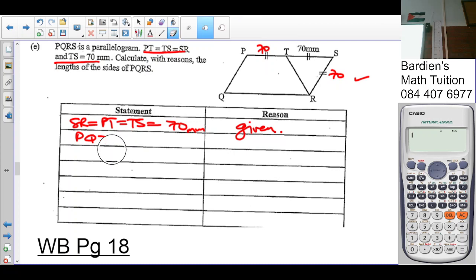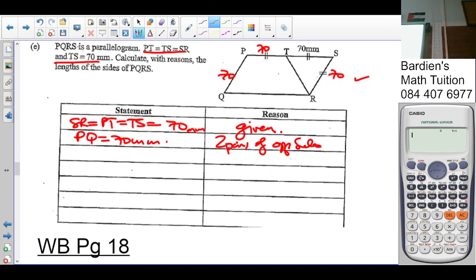Why is PQ 70? Two pairs of opposite sides equal in a parallelogram. Right, what can we say now about PS?